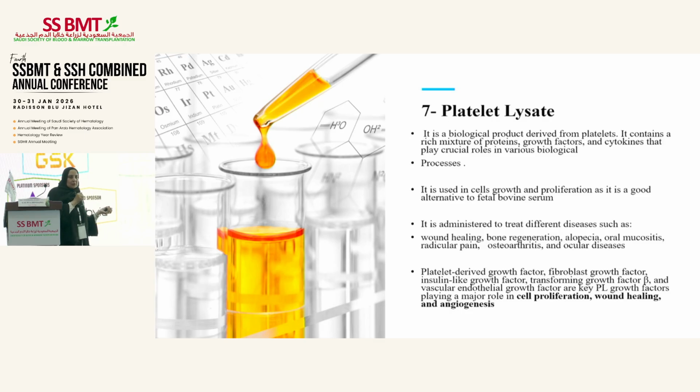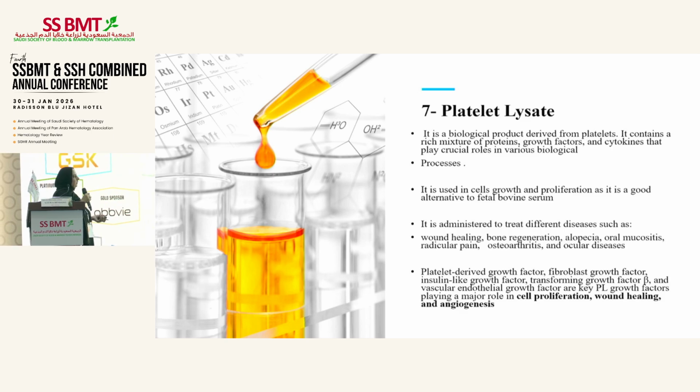The important one, which I will talk about a little more than the others, is human platelet lysate. Human platelet lysate is a biological product derived from platelets. It contains a rich mixture of proteins, growth factors, and cytokines, and it plays a crucial role in various biological processes.